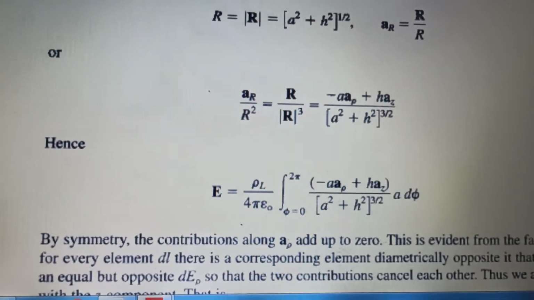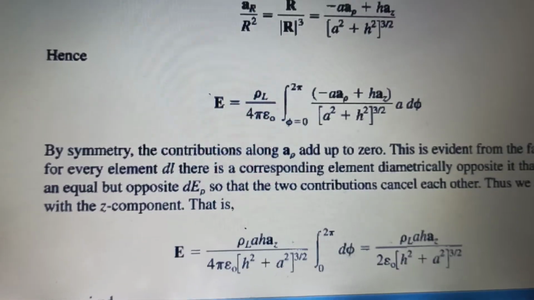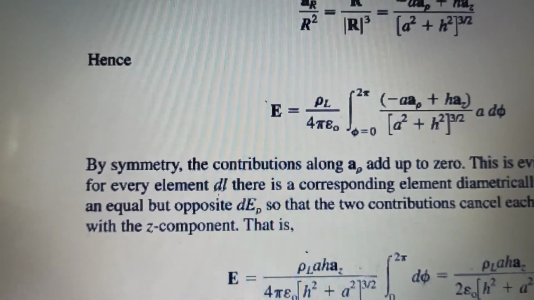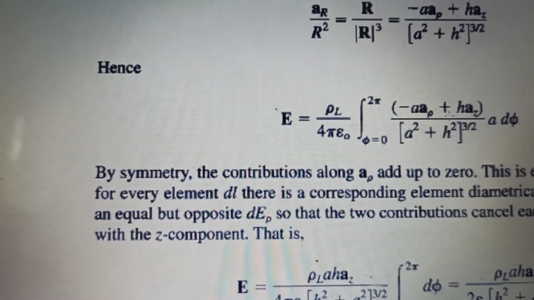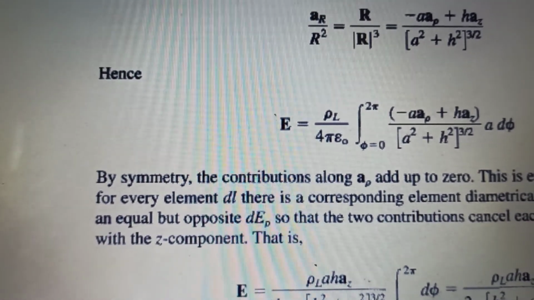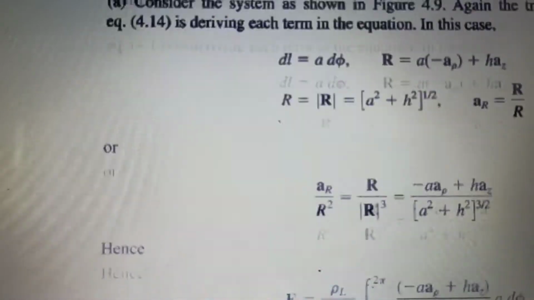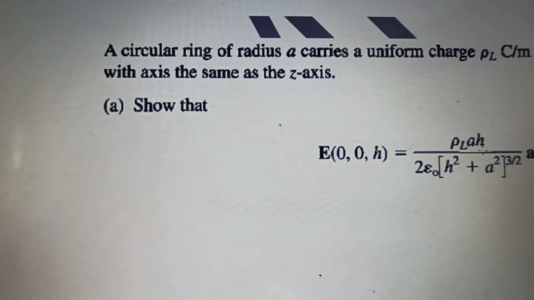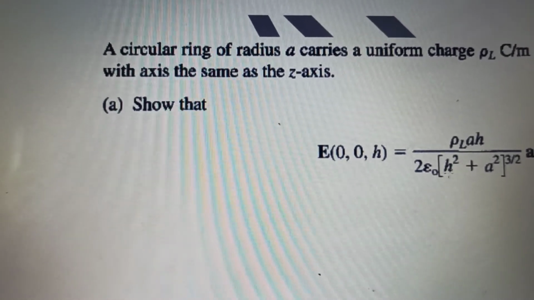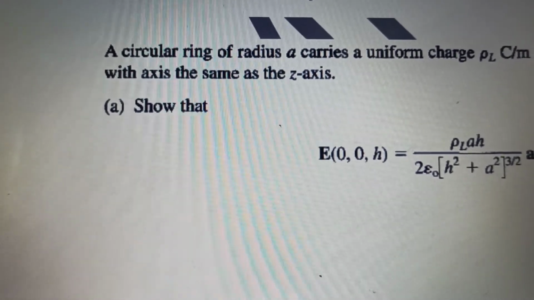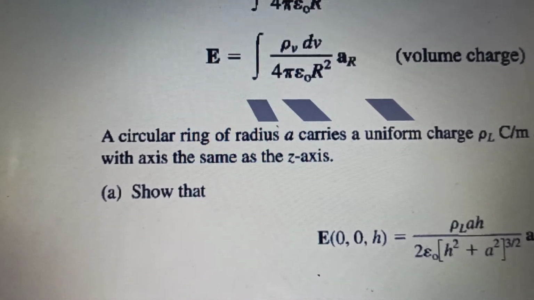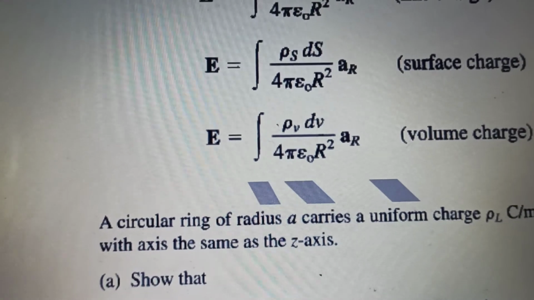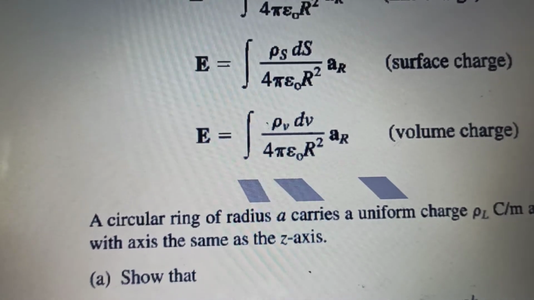Now we have to obtain the electric field E, which is simply rho L upon 4 pi epsilon naught, integrated from 0 to 2 pi, and this part a d phi. This is dl. We can compare this thing by this observation, rho L a h upon 2 epsilon naught (h square plus a square). So we have to obtain basically 4 pi epsilon naught R square a R rho L dl. dl is clear.